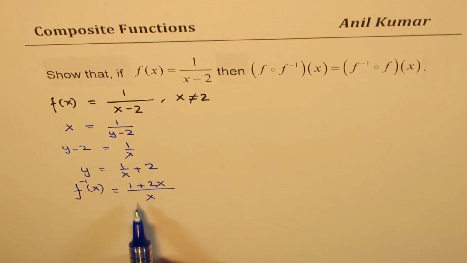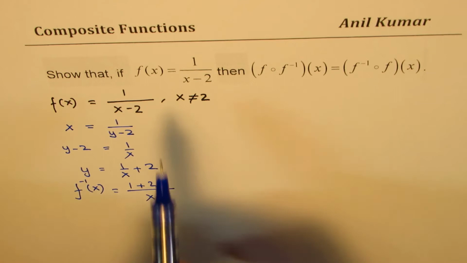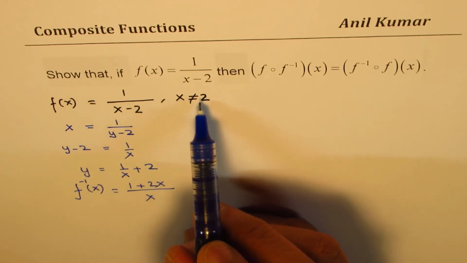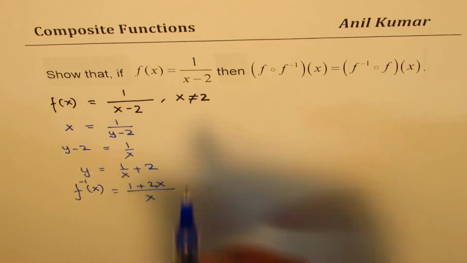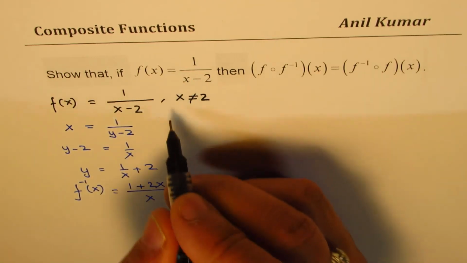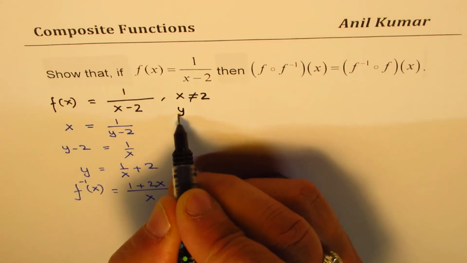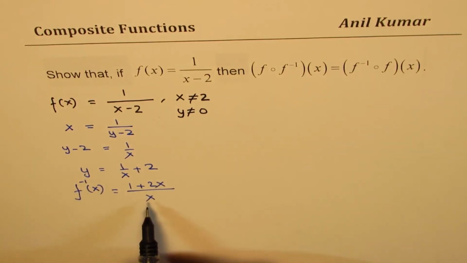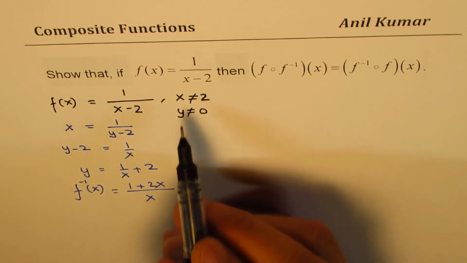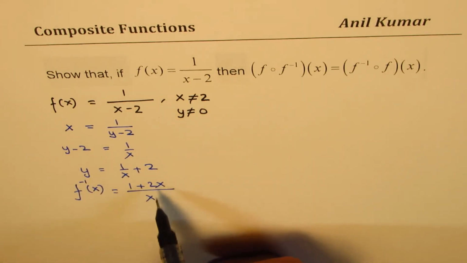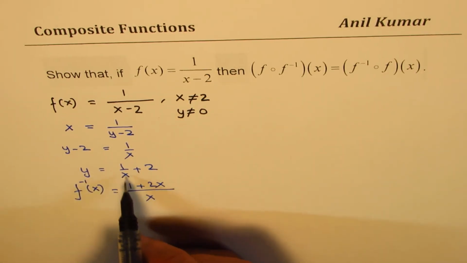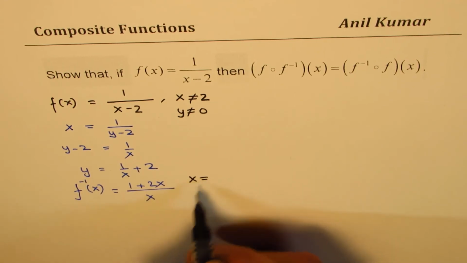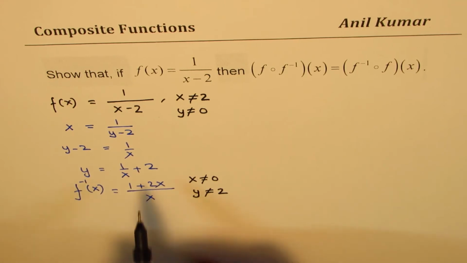On the function, x is not equal to 2, and what you also notice here is that y is not equal to 0. When you find the inverse, you can see that these conditions have flipped, right? So now x is not equal to 0 and y is not equal to 2.